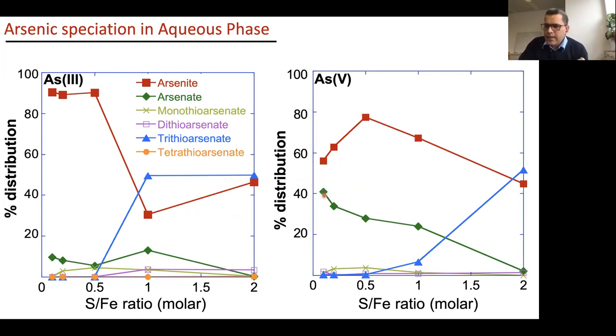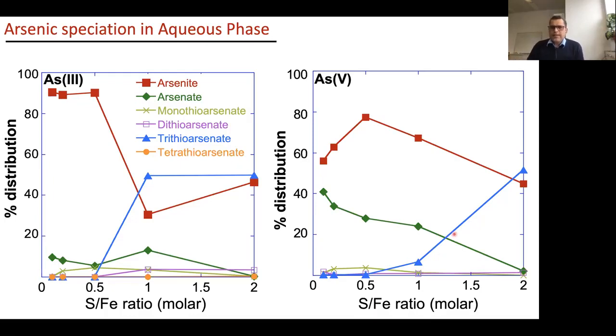So we see arsenic 5 reduced to arsenic 3, at quite high concentration at the beginning. But as we increase the sulfide concentration, the reaction mechanism is the same: arsenic 3 starts to decrease in concentration as we go higher in sulfide, and the same species, trithioarsenate, comes up.